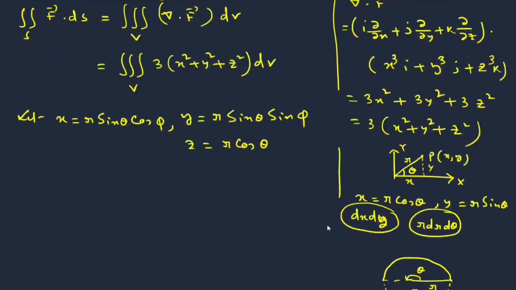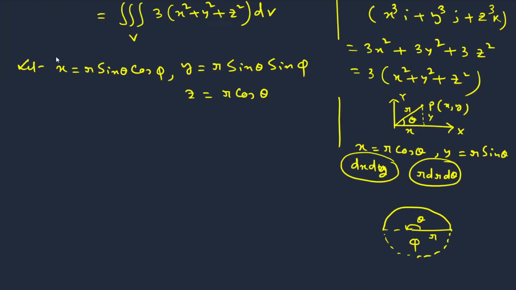So if you put this x, y, z and calculate x square plus y square plus z square, you do this in rough, minutely you calculate, exactly you will get this one, r square. So that's why this particular substitution we have to take. X square plus y square plus z square equals to how much? R square. Okay, so this is not mandatory.